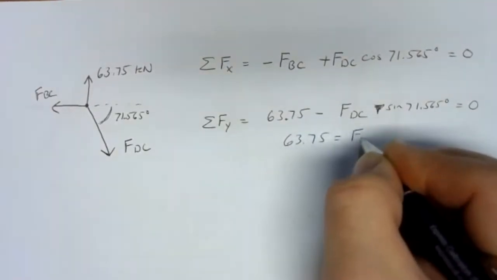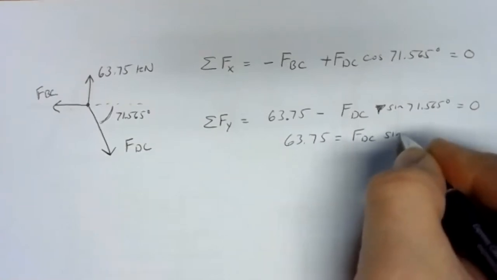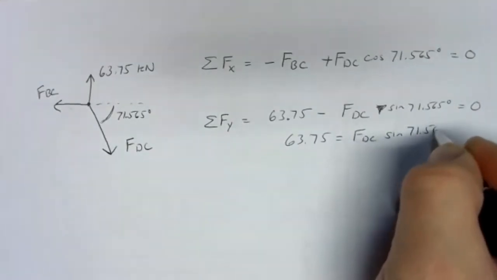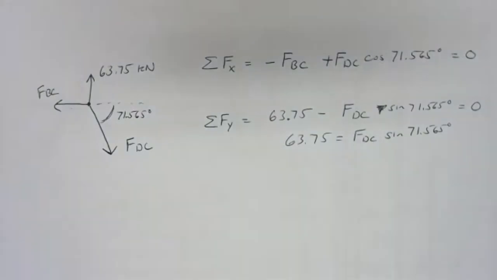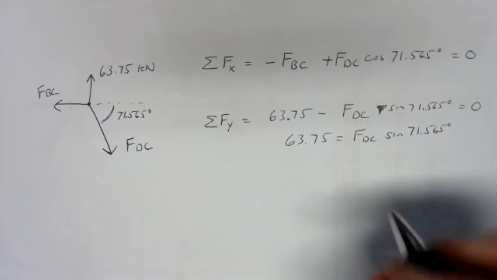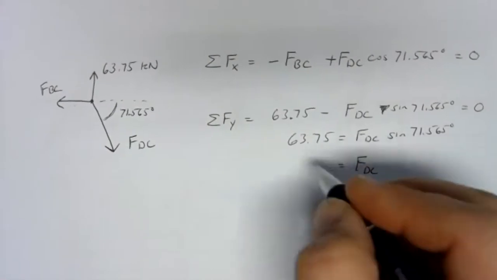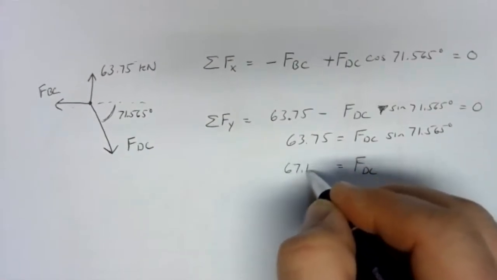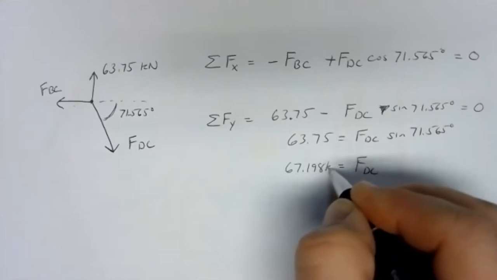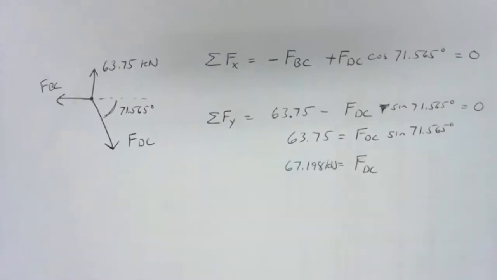63.75 equals FDC sine 71.565 degrees. Divide out the sine, and I'll save the algebra space on the paper and just jump to the calculator. 63.75 divided by the sine of 71.565. We get that FDC is equal to 67.198 kilonewtons.